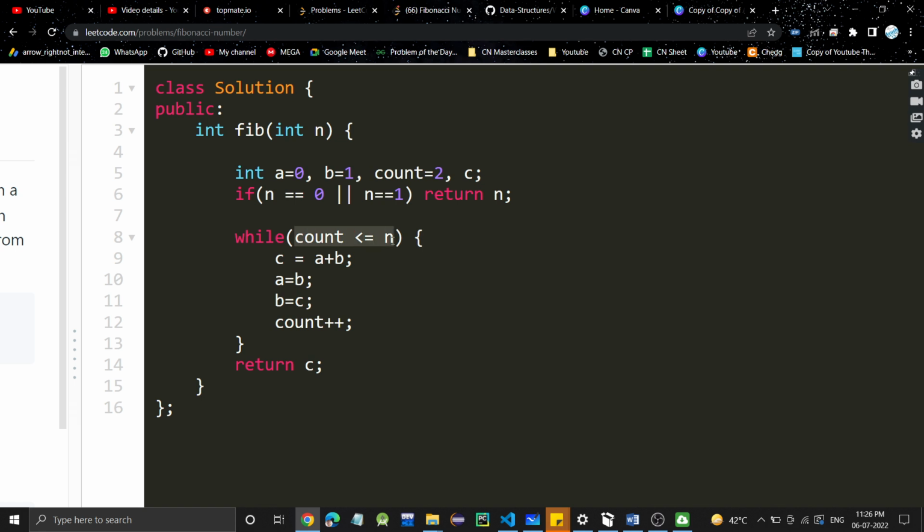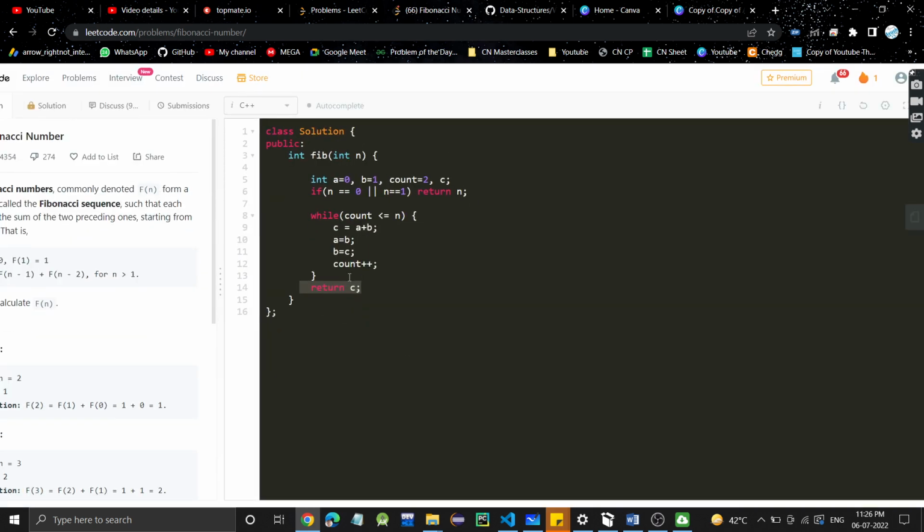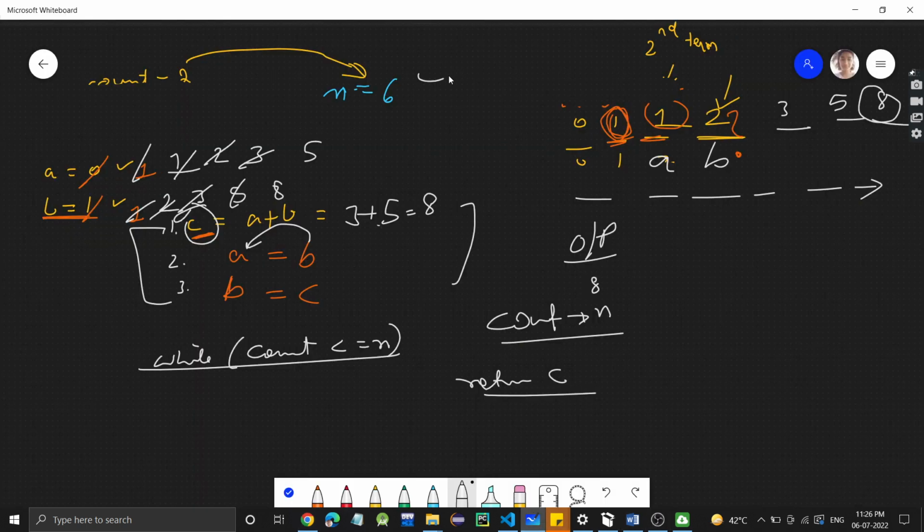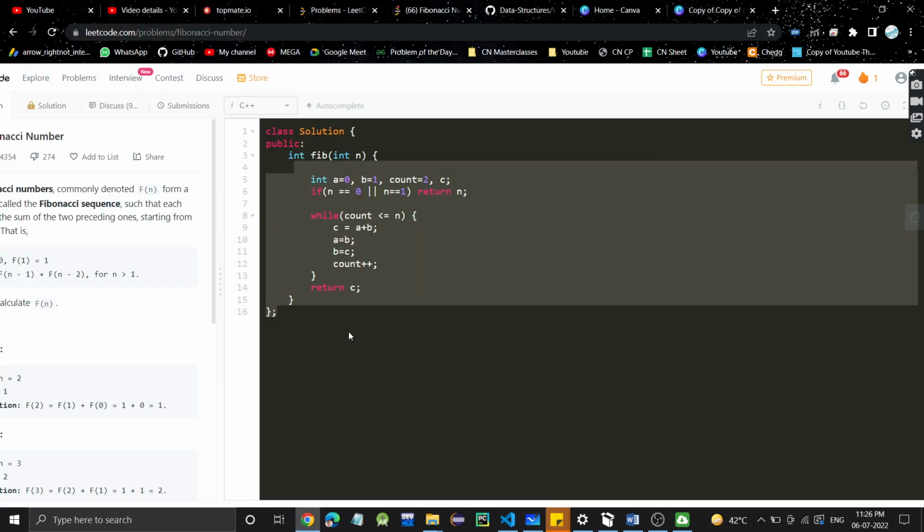Otherwise, while count is less than or equal to n, do these 3 steps. Increment count also, because we have to increment it. And at last we can return C. Very easy problem. So time complexity is O of n, and space is constant, right? Because we are not using any extra space.